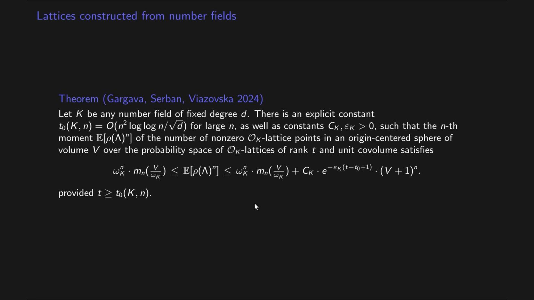So I thought that the generalization we would really like to see is the situation when we fix the rank and change the number field. So this would be an interesting direction to generalize.